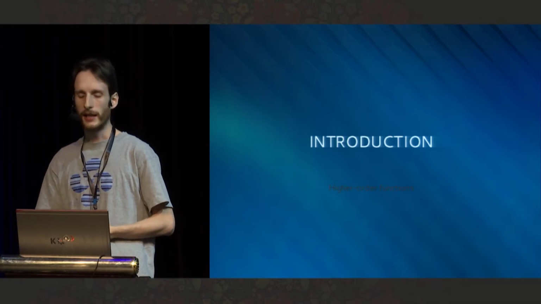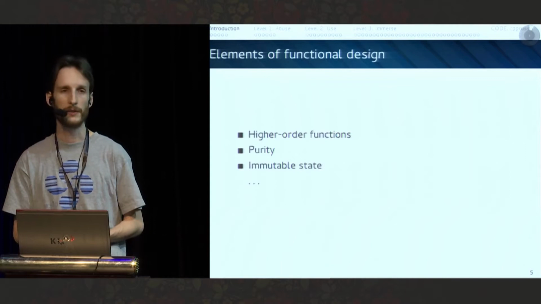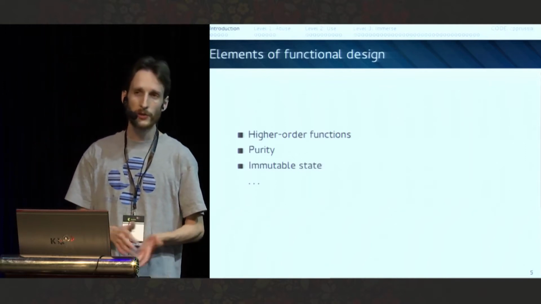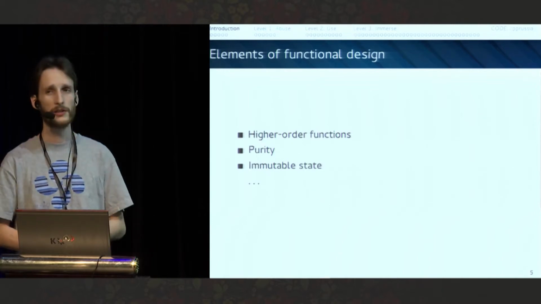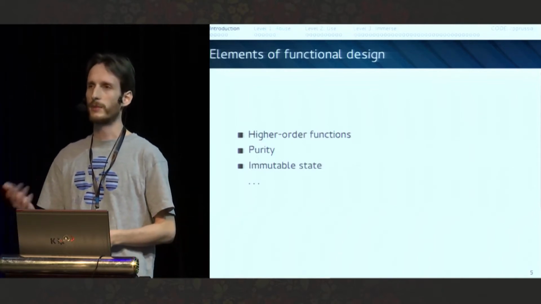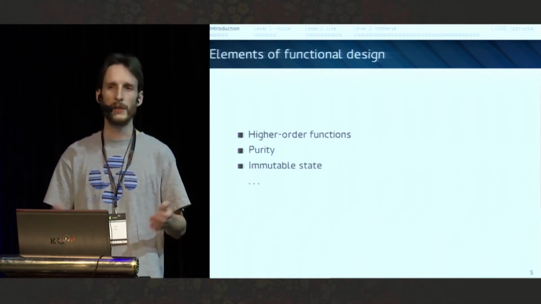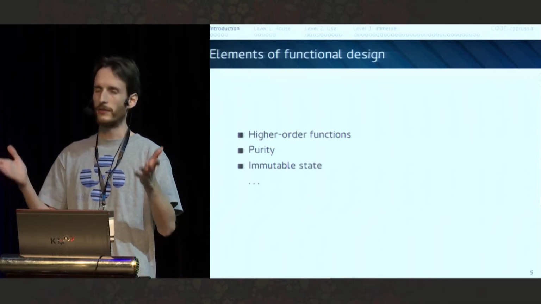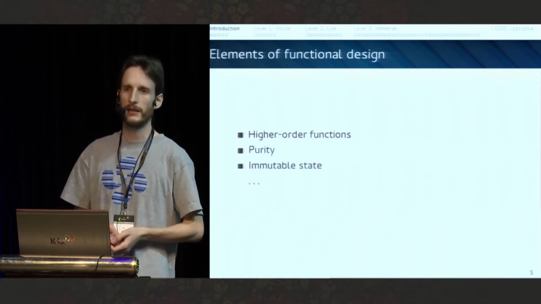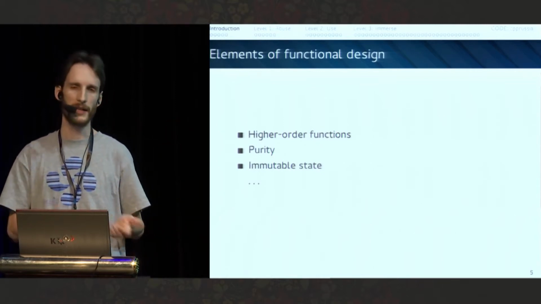And because lately Haskell is one of the most popular FP languages in the world, usually the terms connected with functional programming are higher order functions, purity, immutable state, laziness, and similar stuff, and strict typing. But the problem is, if you say that all of those are requirements, then there will be only one functional programming language in the world, and that is Haskell.